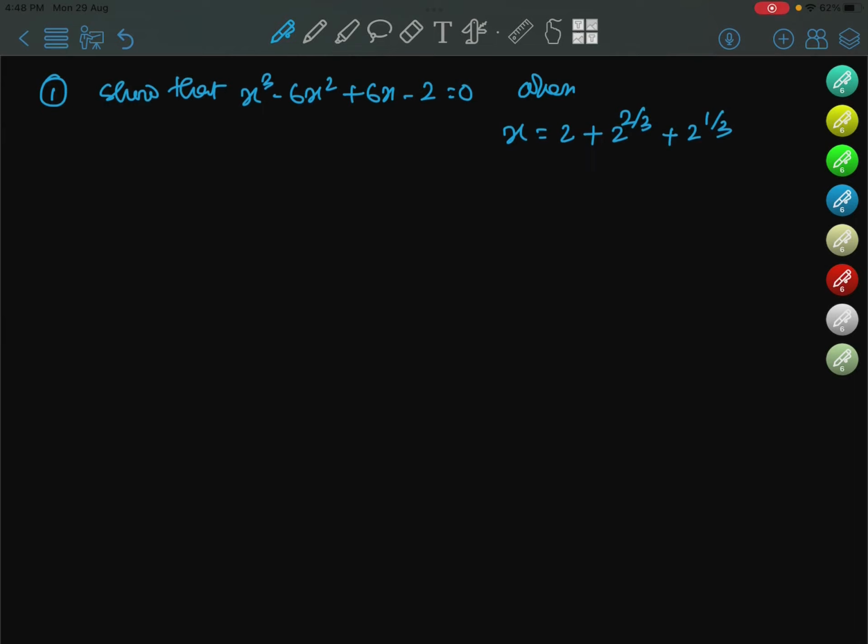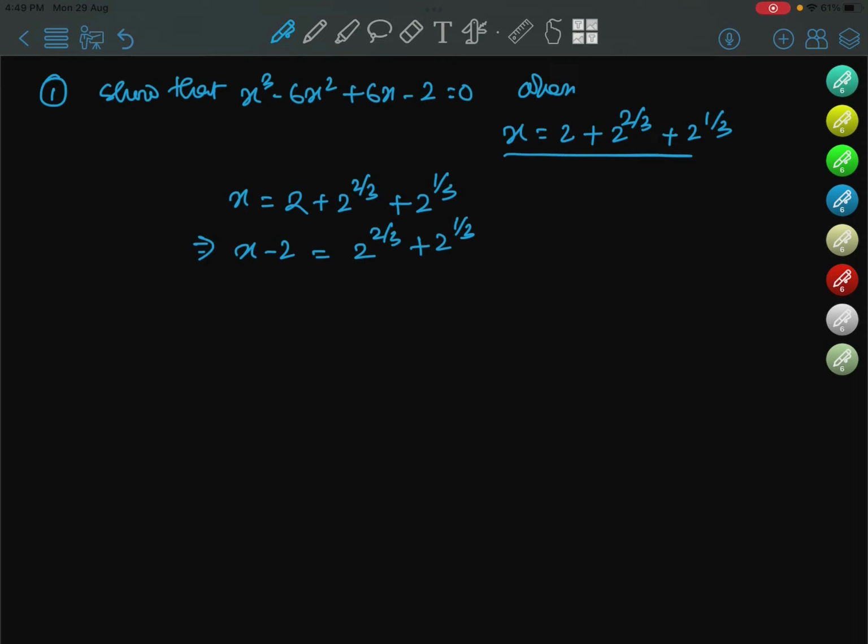This is the question which was asked in the 1974 West Bengal Higher Secondary examination. Now we are going to use the given condition. The given condition is x equals 2 plus 2 to the power 2 third plus 2 to the power 1 third. Now x minus 2 equals 2 to the power 2 third plus 2 to the power 1 third. Here we can see we have to prove x cube minus 6x square.